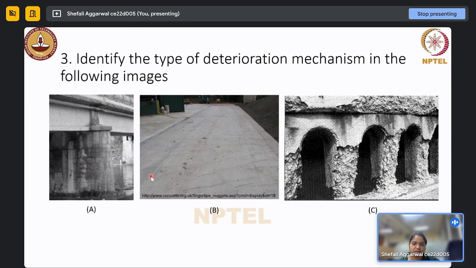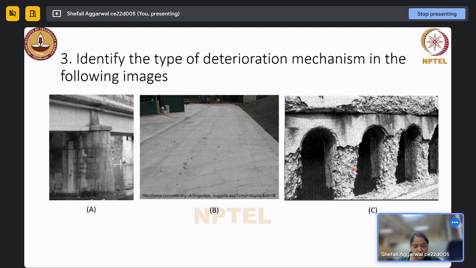And in this type of cracking? Shrinkage, ma'am, maybe. Shrinkage, right? And this type of deterioration? Chloride induced. No. If chloride induced cracking is there, then you will see rust stains on the concrete. So this is just scaling of the concrete, where the outer surface of the concrete is removed.